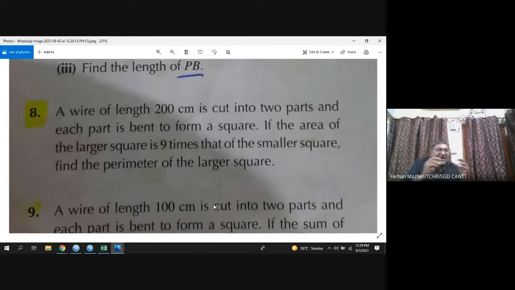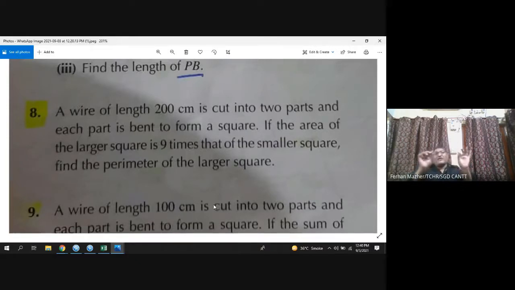So we have a wire whose length is 200 centimeter. So we cut it into two pieces. Suppose one piece is x centimeter long, the other piece will be 200 minus x centimeter long. We will bend them to form squares because the square has four equal sides.